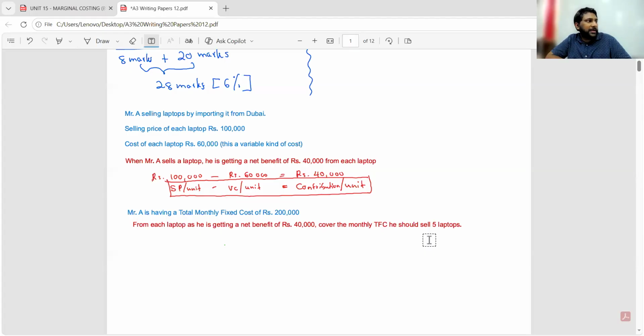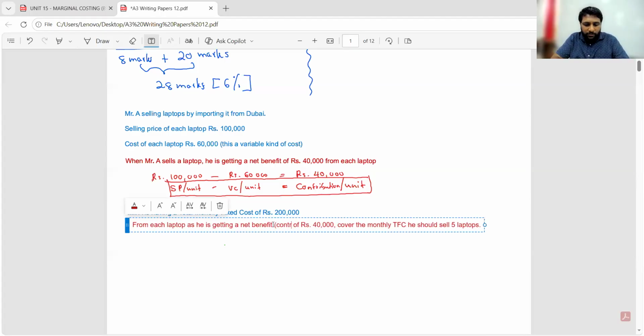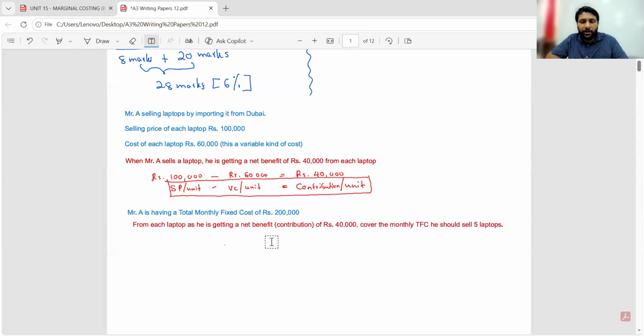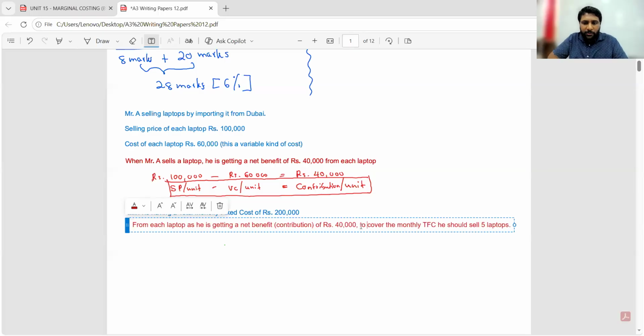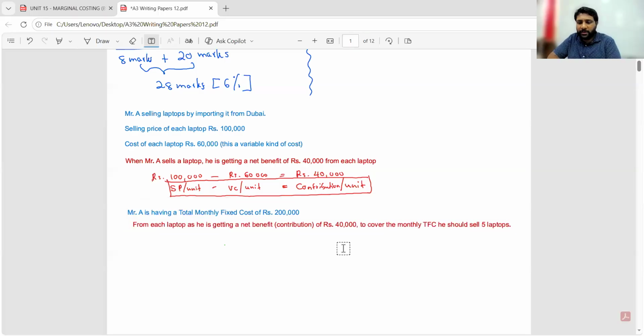From each laptop, as he is getting a net benefit, which is the contribution of rupees 40,000, to cover the monthly total fixed cost, he should sell 5 laptops.